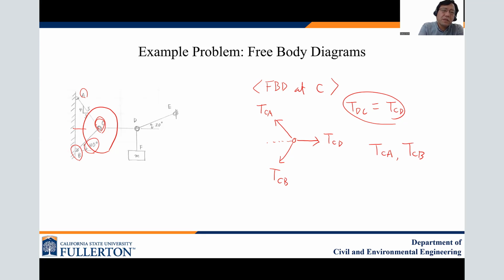And this one is also 40, right? So that means this one is at 40 degree. And for CA, there's a small triangle given, so you draw this one, there is a 4, that is the 3. So you put the angles and all that kind of information and also forces, and then you actually complete your free body diagram.